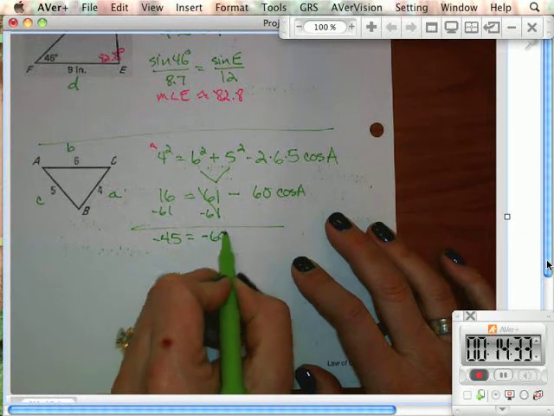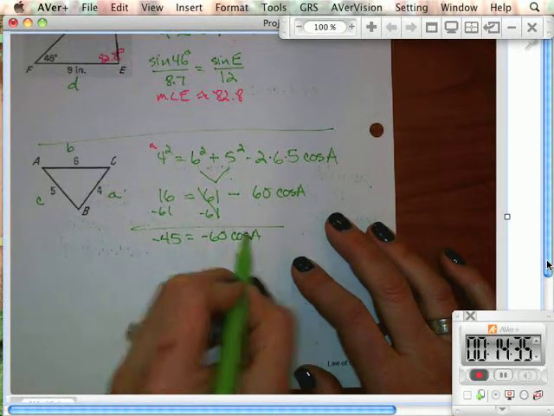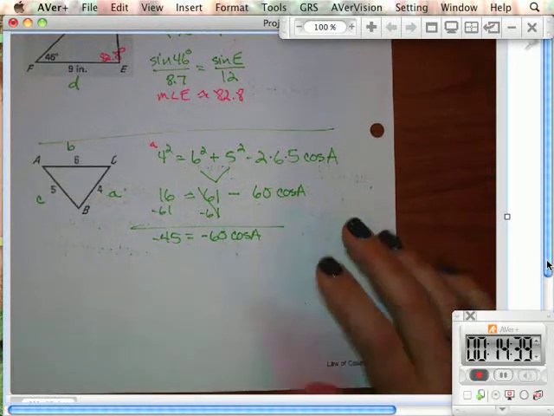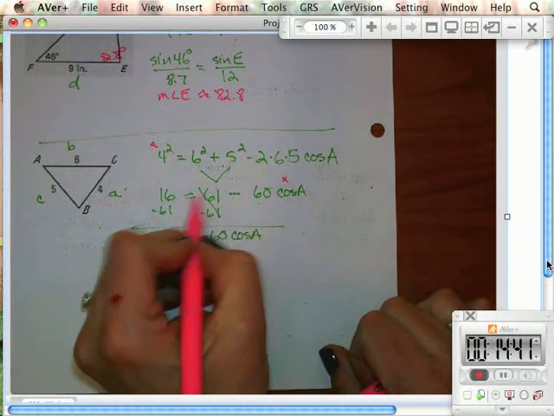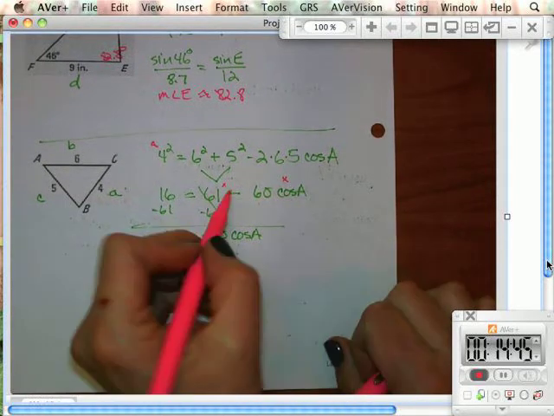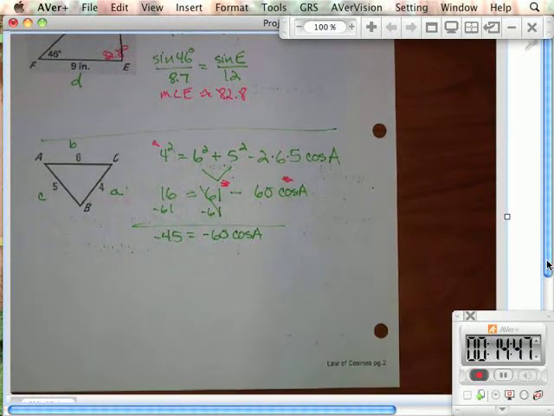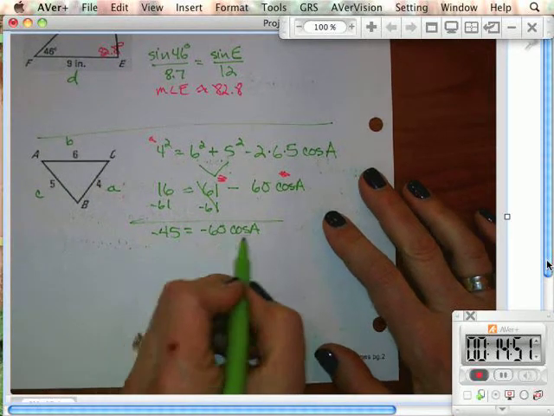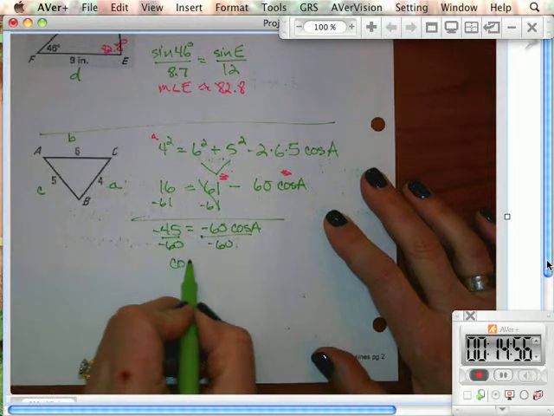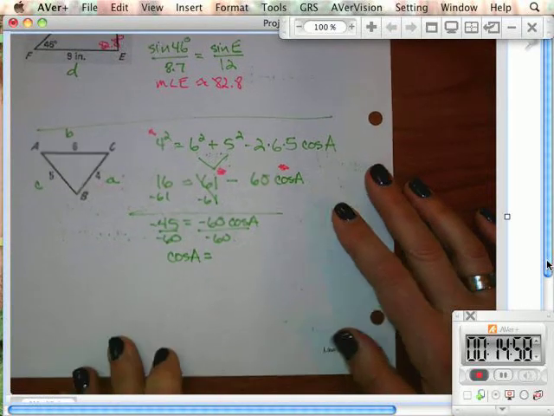Because they are not like terms. There is no cosine A here, is there? Now look at it like this. If this was an x, there would have to be an x here for you to subtract, wouldn't there? And there is not. So then you divide by negative 60. And the cosine of A is equal to what? Okay.